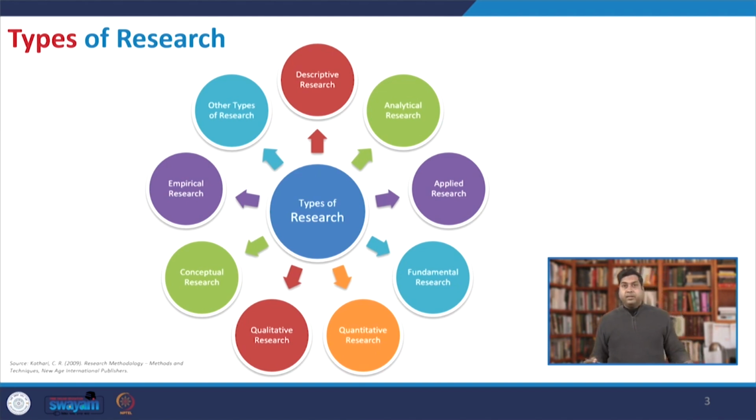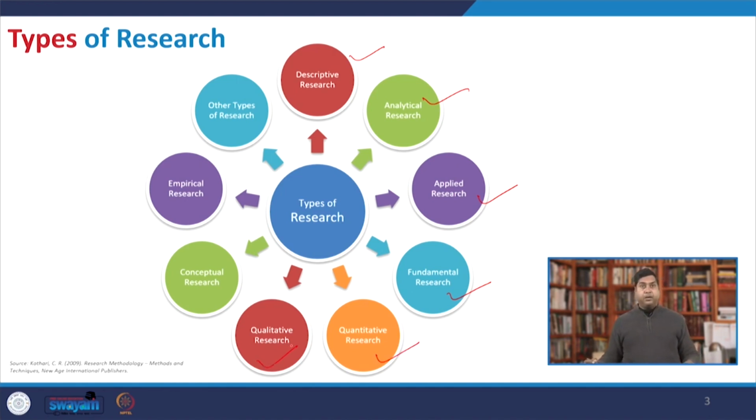So if we consider the types of research, just to start with, we have one kind called descriptive research, then analytical research, then applied research, then fundamental research, quantitative research, and qualitative research.